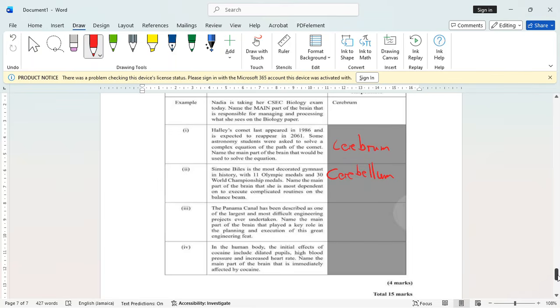Name the main part of the brain that played a key role in the planning and execution of this great engineering feat. And why is that the case? Definitely. So it deals with the complex decisions that are made.